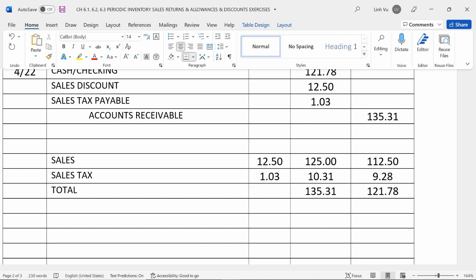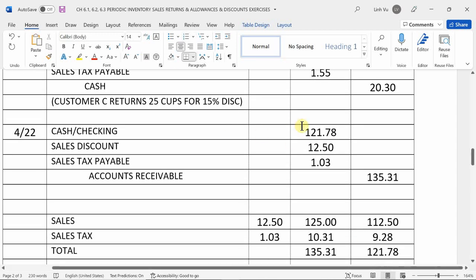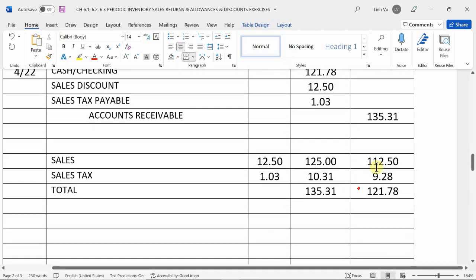At the end of the day, even if you calculate it this way, you would have gotten the same exact answer, right? Even though he paid at the discounted price, this is how much the money is supposed to be. So therefore, he should be giving you $121.78, which is exactly what we solved for here, right? And we found out what the difference between the two was. The discount was $12.50.